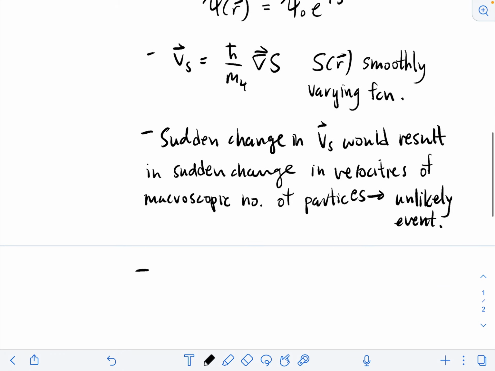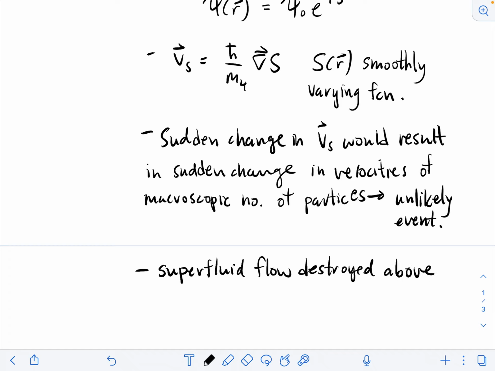Okay, and then one of the last things that we talked about was this critical velocity for superfluidity. And what we found was that superfluid flow, so flow without dissipation, is destroyed above a critical velocity v critical.